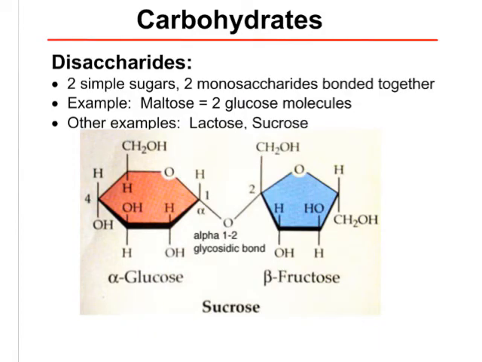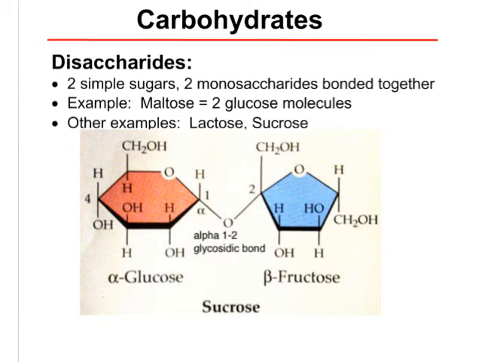So now that we know about monosaccharides, our very, very simple sugars, we're going to look at something a little bit more complicated. It's called a disaccharide. Remember, saccharides are sugars. Di means 2. So 2 simple sugars bonded together. 2 monosaccharides bonded together.